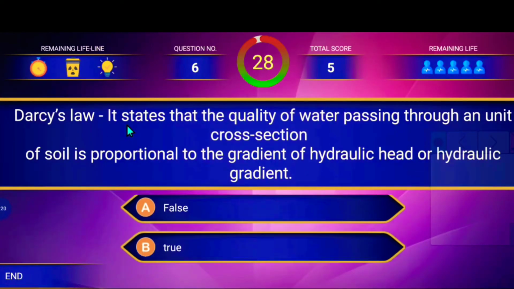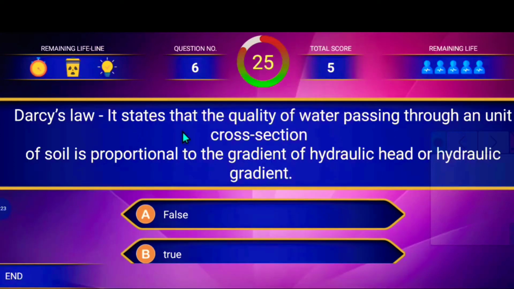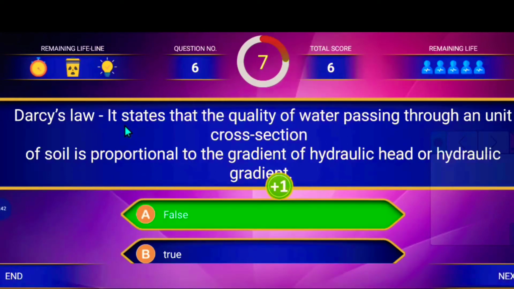Darcy's law. It is a true false based question. It states that the quality of water passing through a unit cross section of soil is proportional to the gradient of hydraulic head or hydraulic gradient. It is wrong, so I will say it is false. The correct law states that the quantity, not quality, mainly volume of water passing through a unit cross section of soil is proportional to the gradient of hydraulic head or hydraulic gradient.